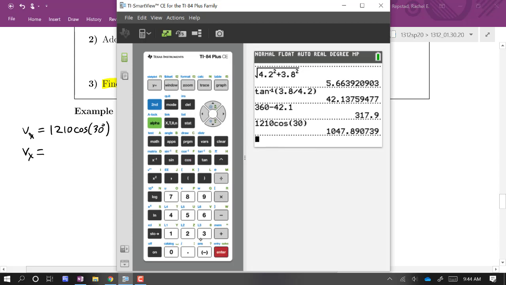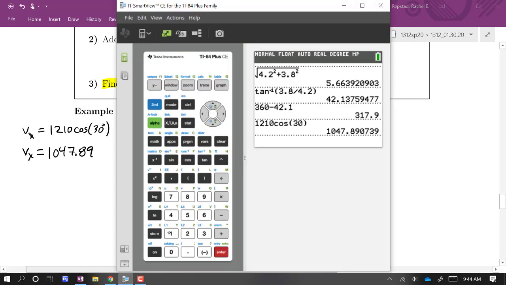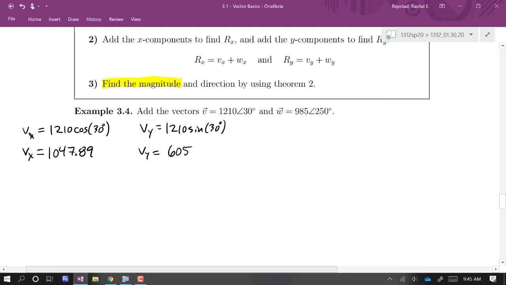So it's 1047.89. Magnitude times sine. 605. So there's the v vector. Let's do the same thing for the w vector.